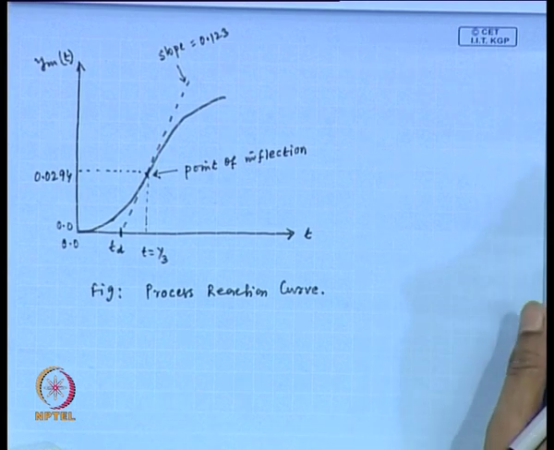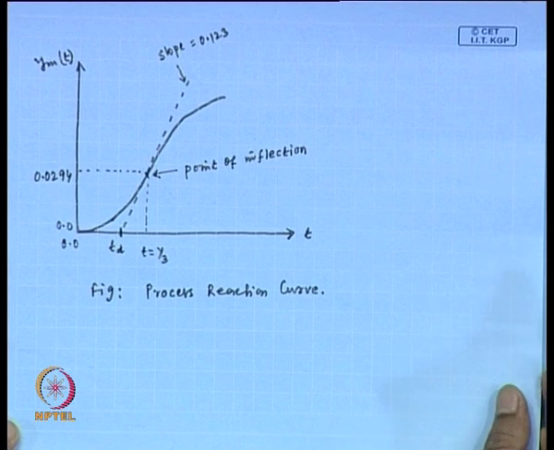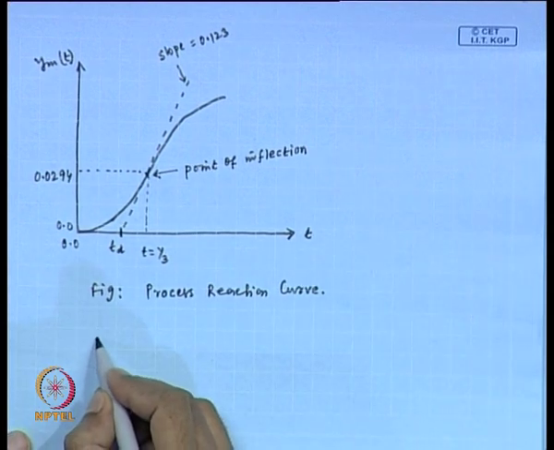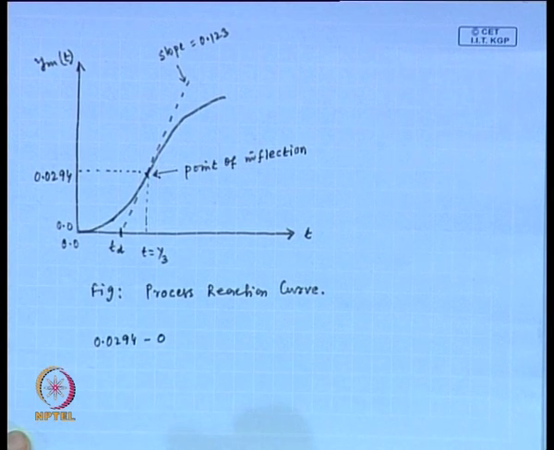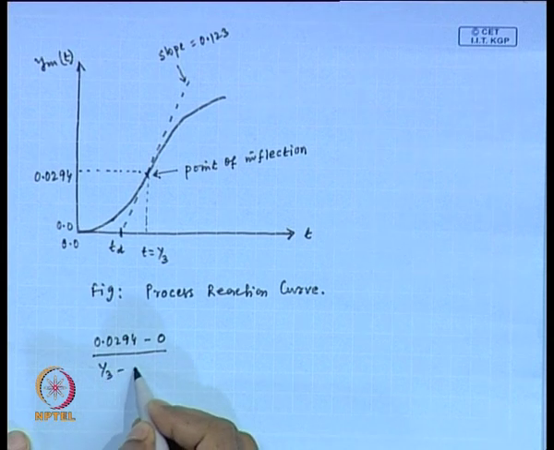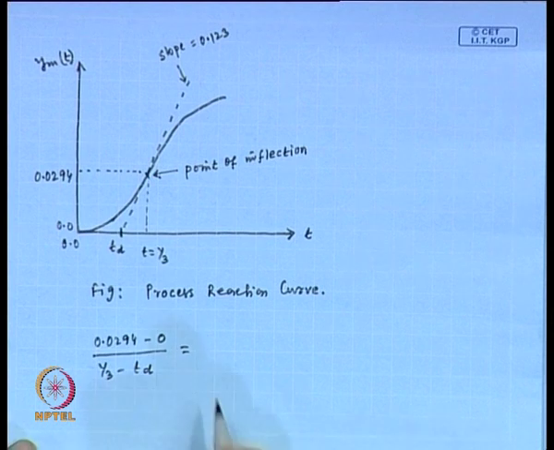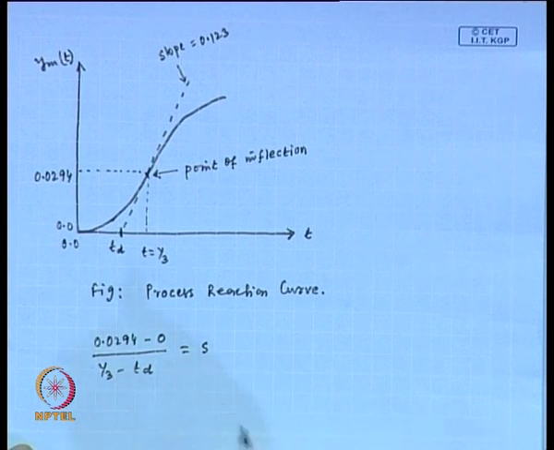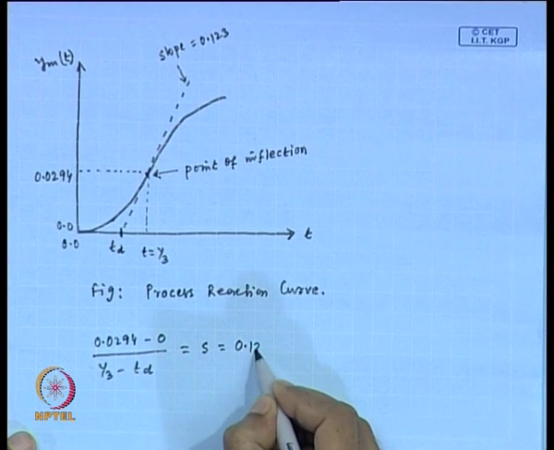Fine. Now, it is obvious from this plot that 0.0294 minus 0 divided by 1/3 minus Td equals what? Slope. It is obvious from this figure that this equals slope. The slope is how much? 0.123.